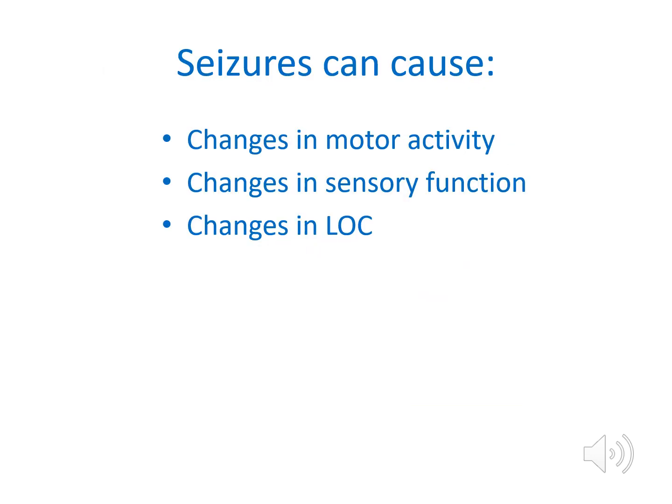Now, that uncontrolled activity in the brain cells that occurs during a seizure can cause several different kinds of problems. What you actually see during a seizure is going to depend on where the seizure activity starts and what other parts of the brain it spreads to. But usually you can expect to see these kinds of issues: changes in motor activity, changes in sensory function, and changes in level of consciousness.